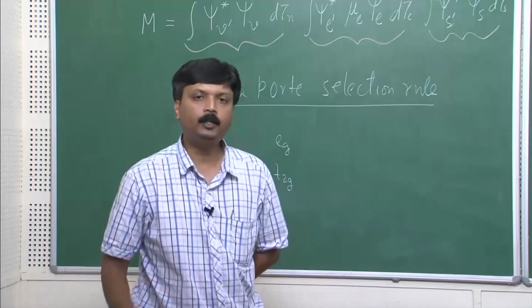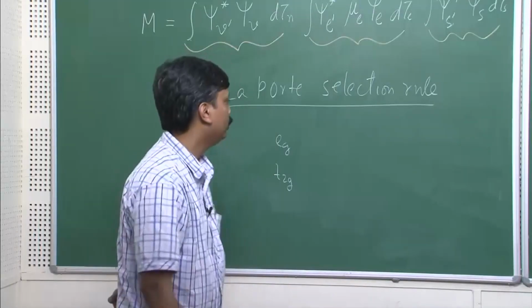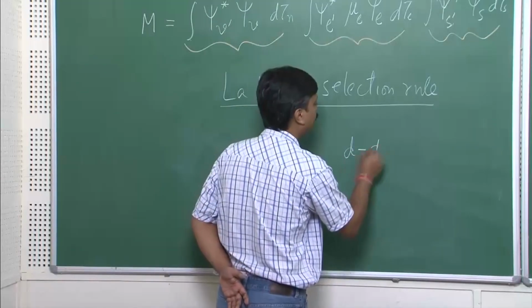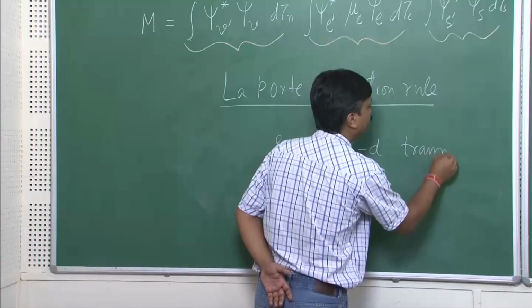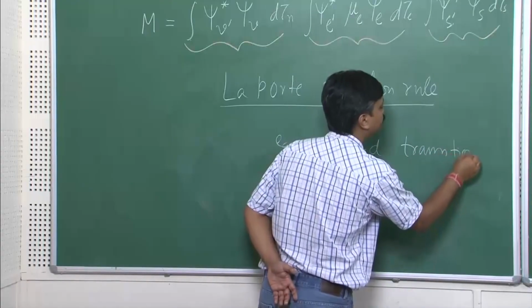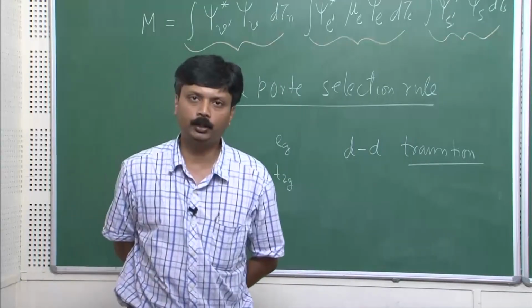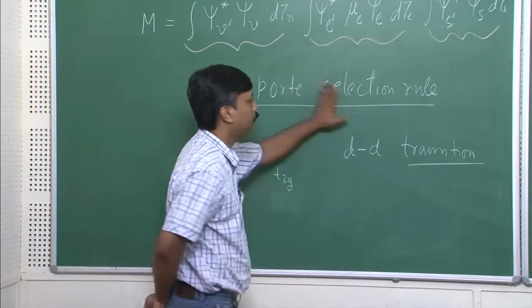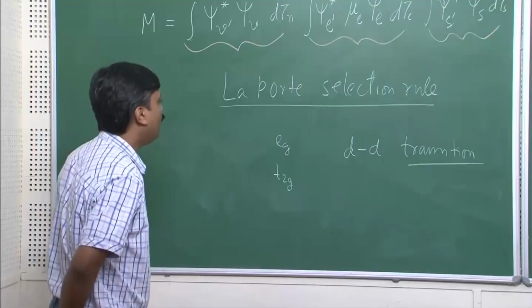So in a transition from T2G to EG, which is nothing but a transition between two types of d orbitals, these types of transitions are known as dd transitions, and for centrosymmetric molecules such dd transitions are forbidden. So this is what the Laporte selection rule tells me. Now why is it so?